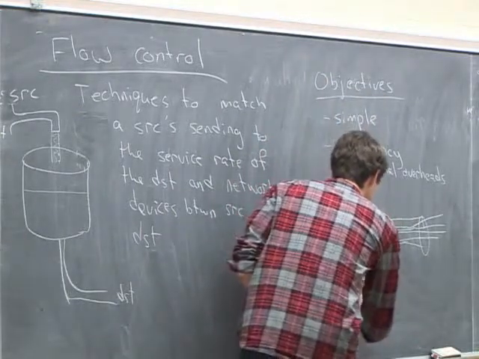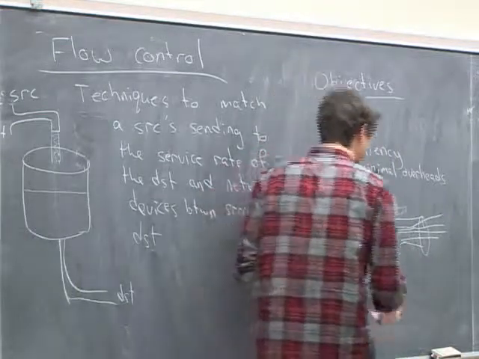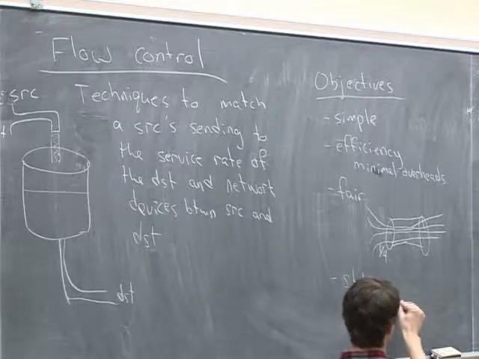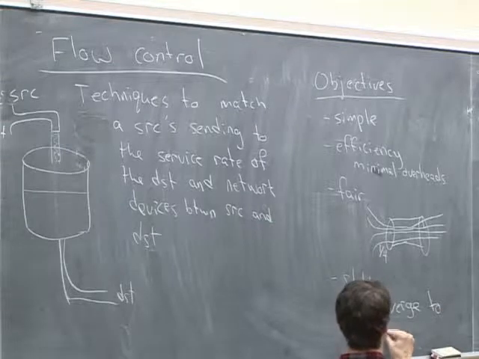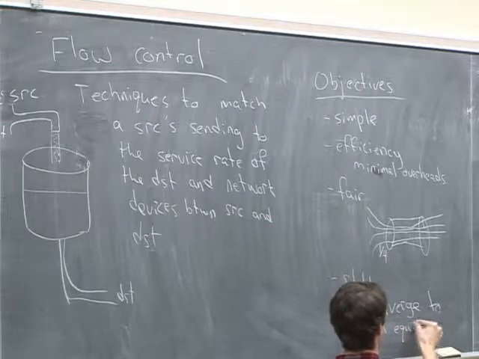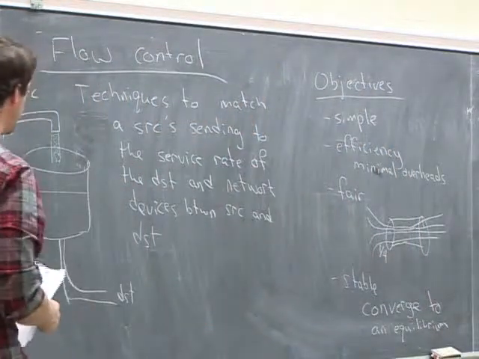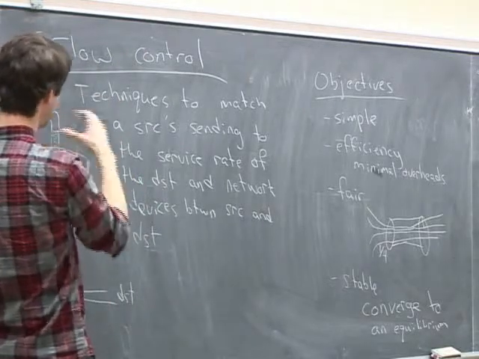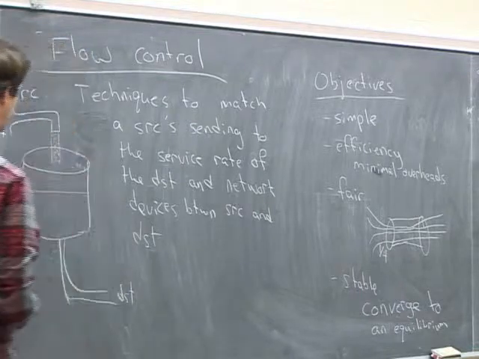It should also be stable. And by stable, I mean that it should converge to an equilibrium. So this equilibrium state just means that we don't want this source to have to constantly adjust its sending rate.